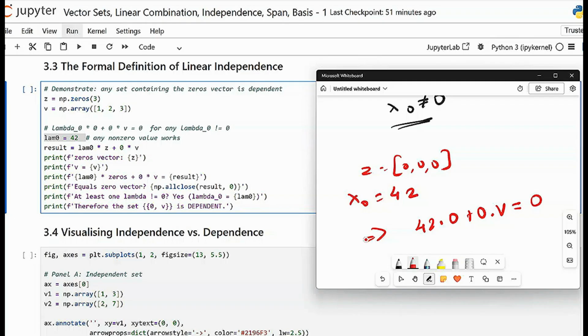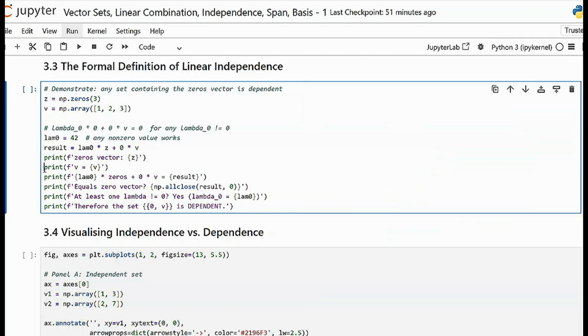Now let me print this zero vector, and next the second vector, and display the computed combination. Let me check whether the result equals the zero vector, and then we confirm that at least one coefficient is non-zero.